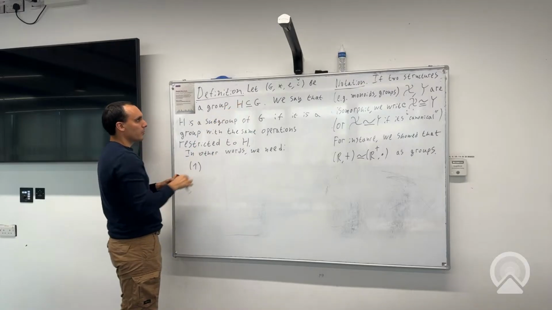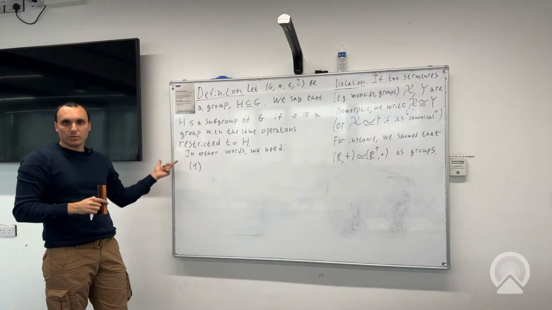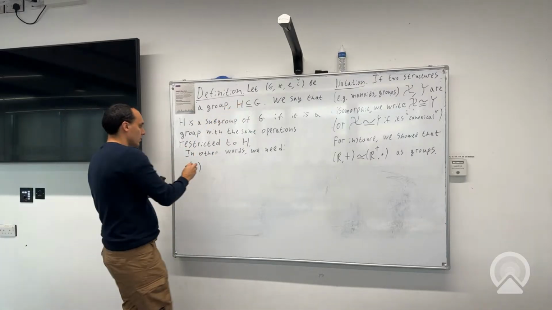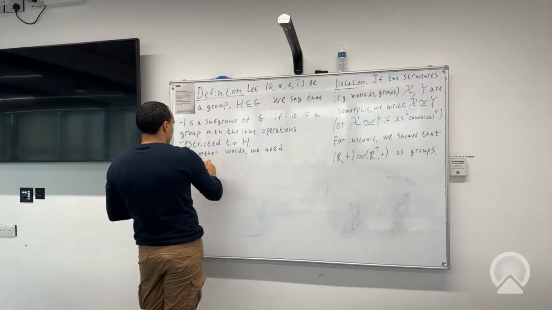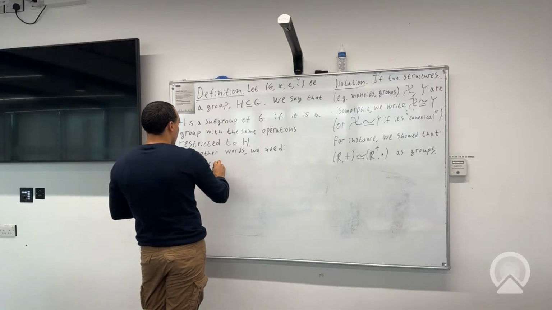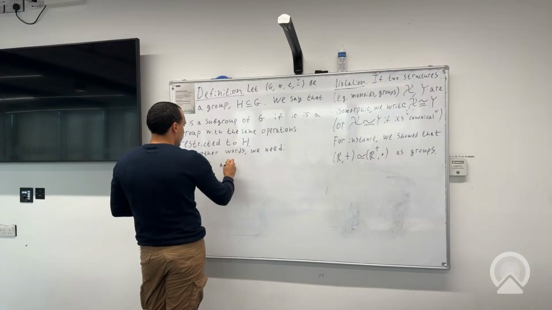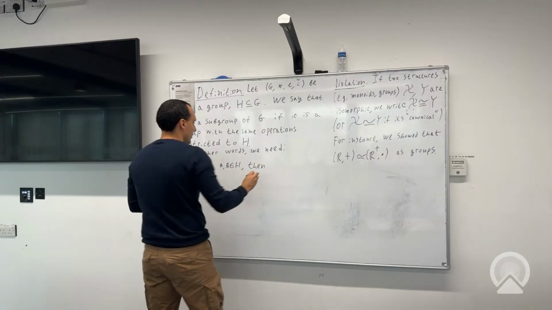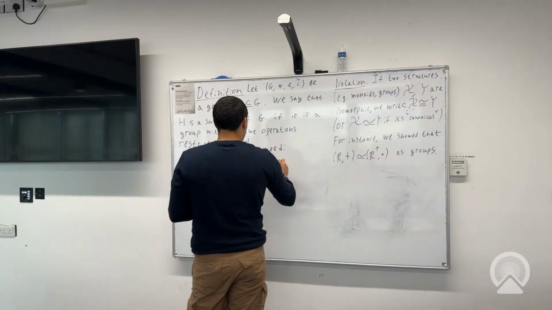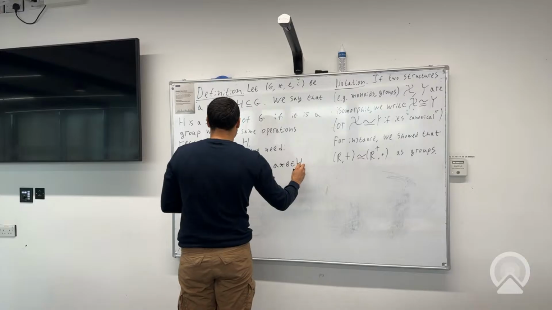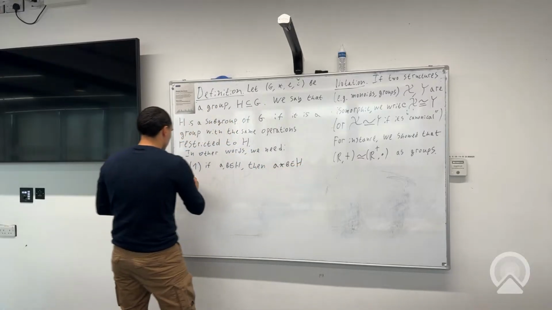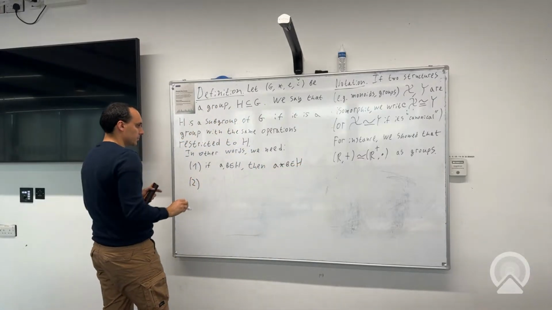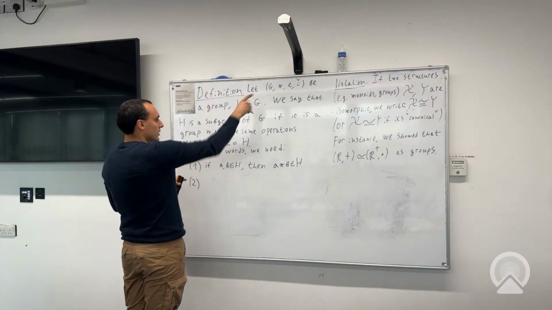So first, the product of two elements of H should be in H. If A and B are in H, then A star B is also in H. Two, we need the identity.